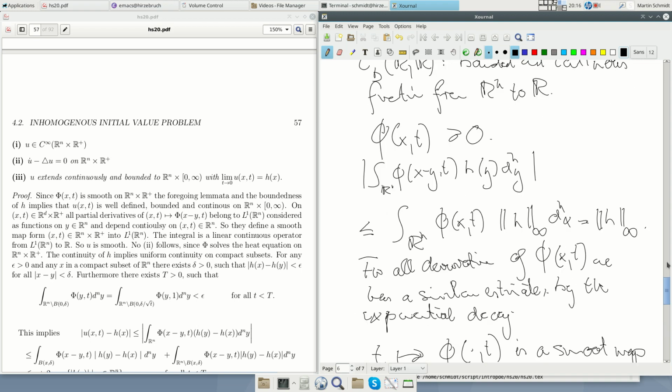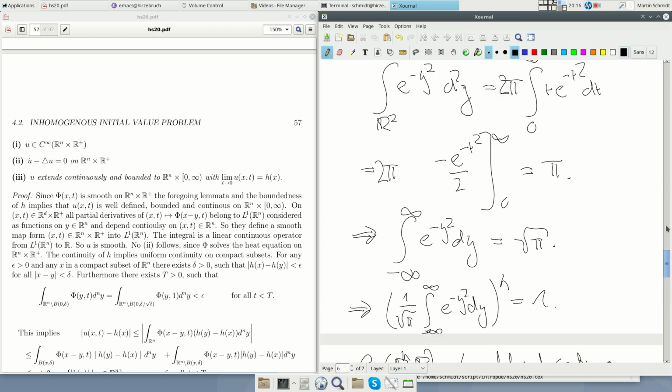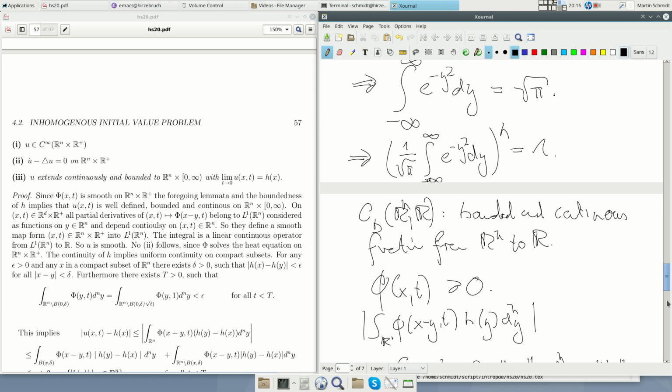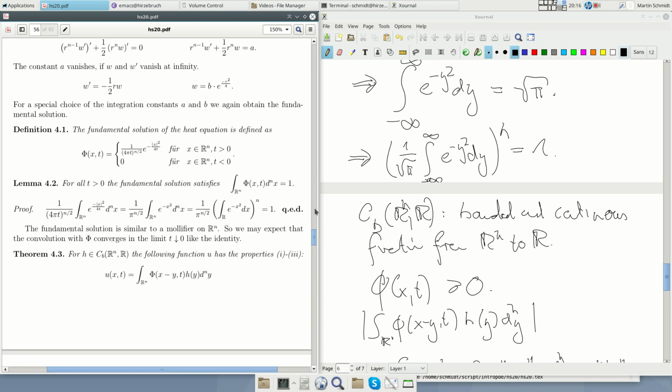Because the derivative with respect to x and t in this formula only depends on the derivatives of phi.